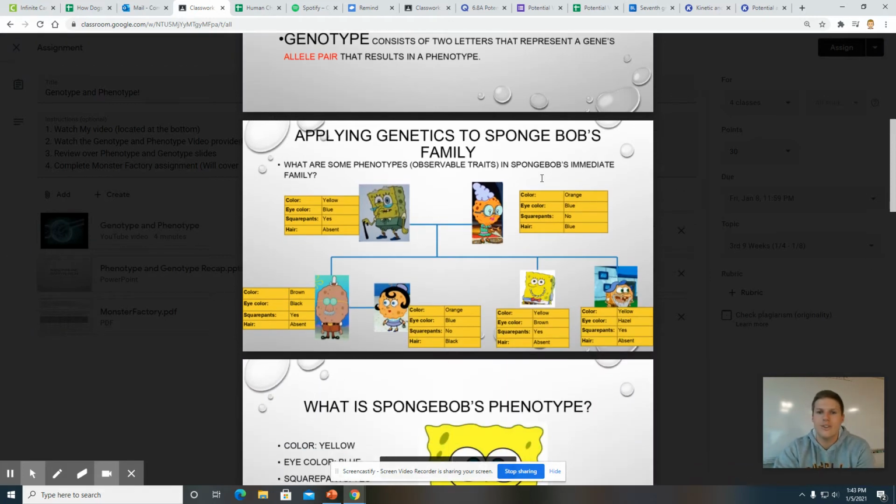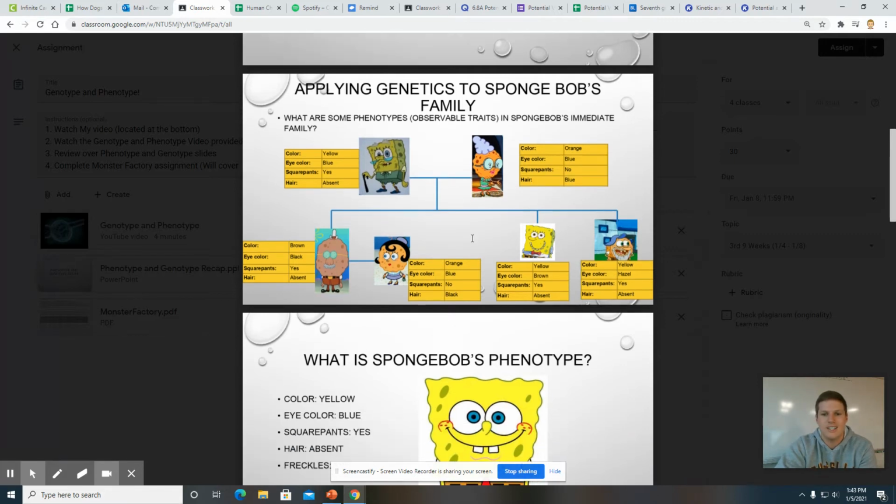So let's look over the genetics of SpongeBob's family. What are some phenotypes or observable traits? Observe means you can see it, hear it, use the senses. In SpongeBob's immediate family, he has yellow color, blue eyes, square pants. This is his grandfather. These are just examples of traits you see in his family.